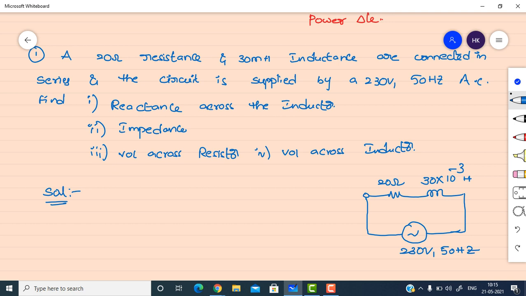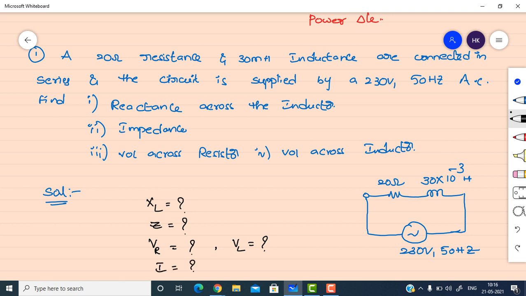What we have to find? Find reactance across the inductor. What is the reactance? Inductor has inductive reactance. Capacitor has capacitive reactance. So you have to find out inductive reactance, that is XL, and next you have to find out the impedance. Impedance is nothing but Z. Next, voltage across resistor VR and voltage across inductor VL. These are all you have to find. For getting voltage across inductor or voltage across resistor, we require current also.